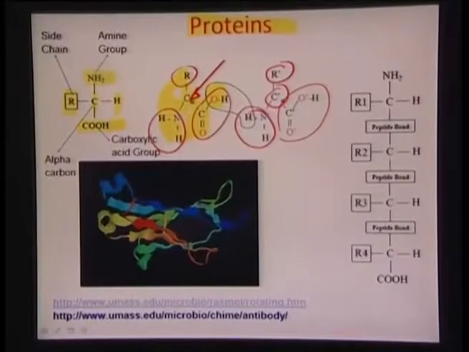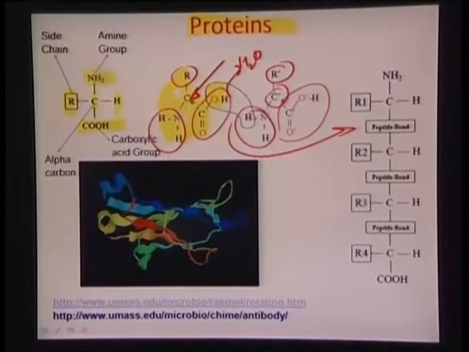There is a bond between the OH on the COOH and the NH2, thus producing a water molecule, and you have what you call a peptide bond. This is a peptide bond, C single bond N. There is a double bond on one side with O, and on the N side you have a single bond H.